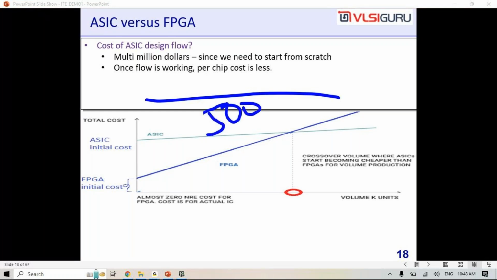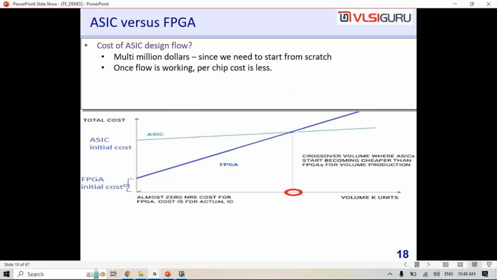But to make the prints, the various prints that are shown in theatres, that will be very, very less. So once the flow is working, per chip cost will be less.